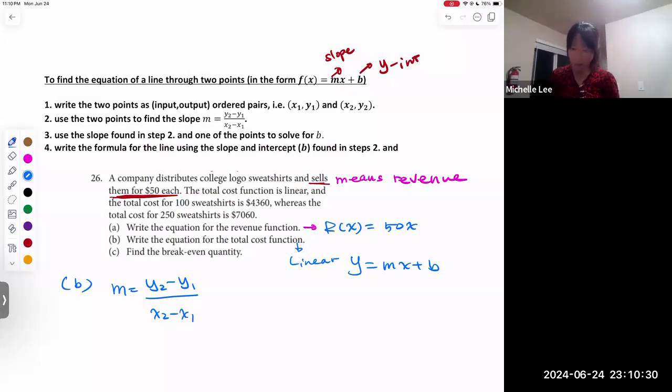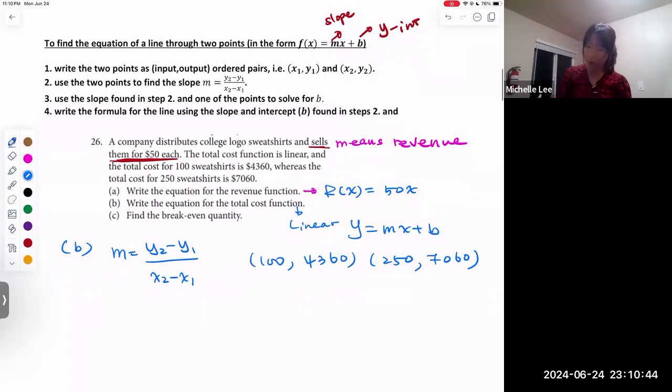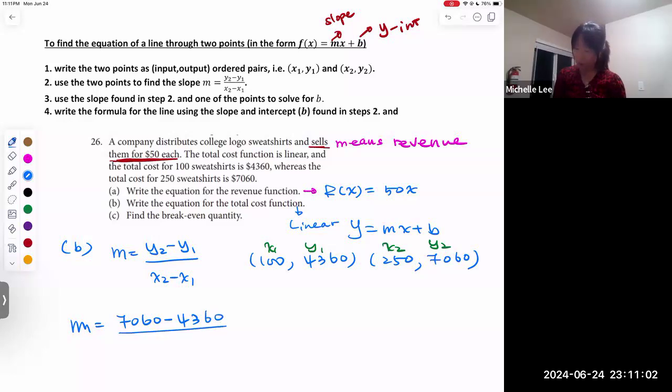We have 100 shirts and $4,360, and 250 shirts and $7,060. So the slope is 7,060 minus 4,360 over 250 minus 100.